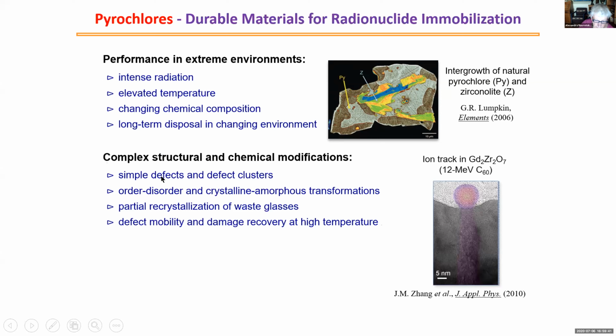It is a complex structure, and chemical modifications can be made, in particular in terms of composition, in terms of the numbers of defects and defect clusters, in terms of the ordering of cations, in terms of partial recrystallization of glass. Many glass ceramics of various sorts contain pyrochlore and zirconolite, which is a further derivative.